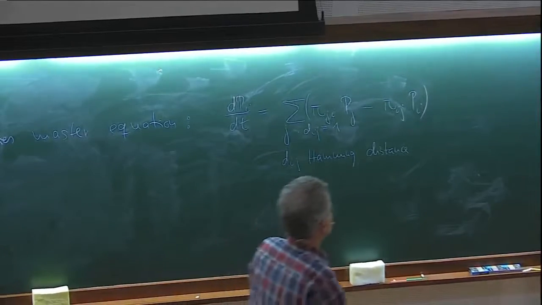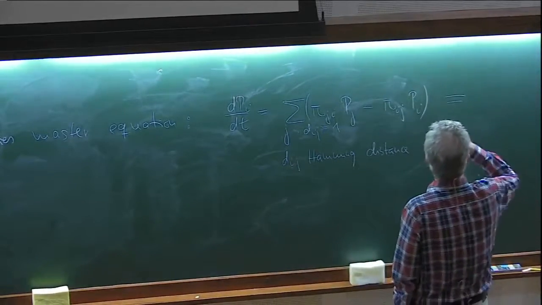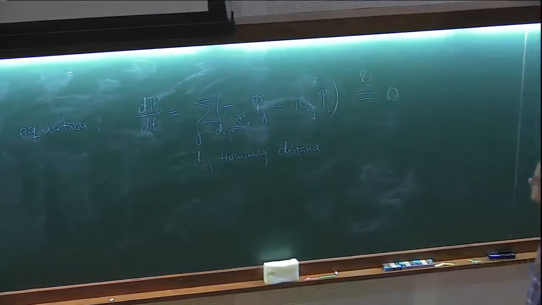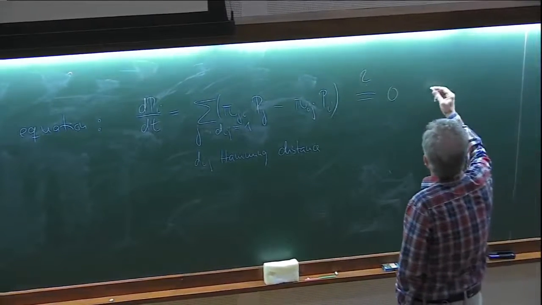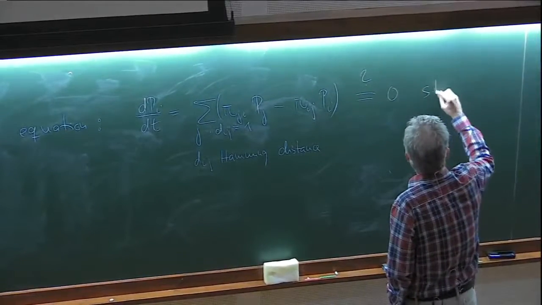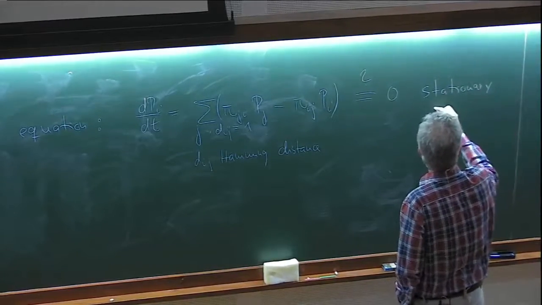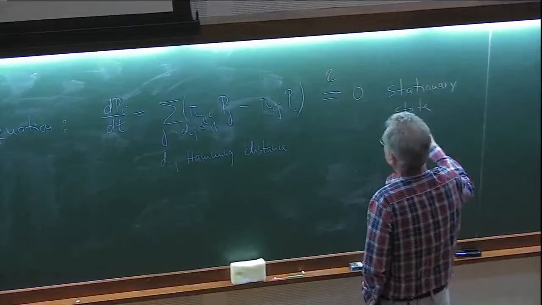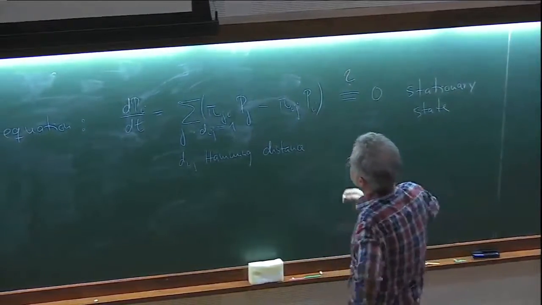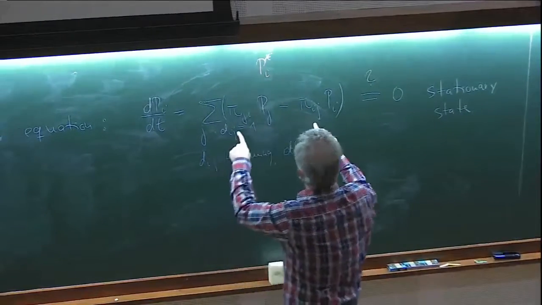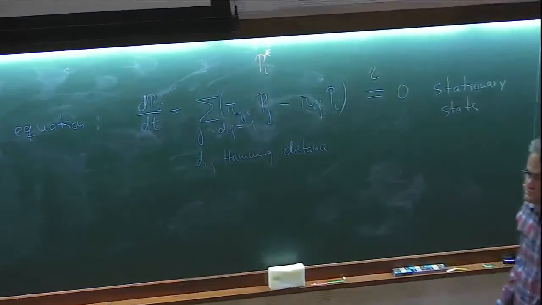So the question is, what kind of distribution do I need to make this vanish? This is for the so-called stationary state. Okay, so what distribution pi star, which is my stationary distribution, can I find that makes this vanish?